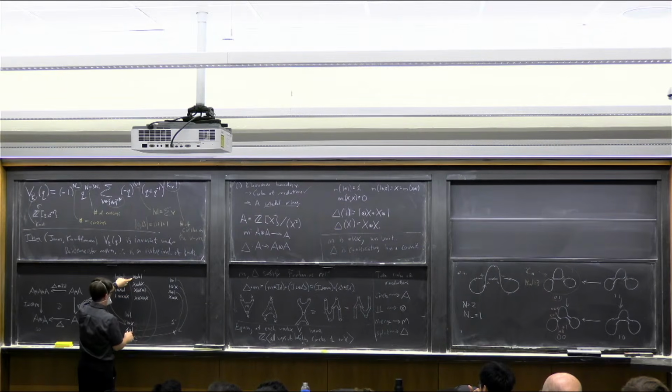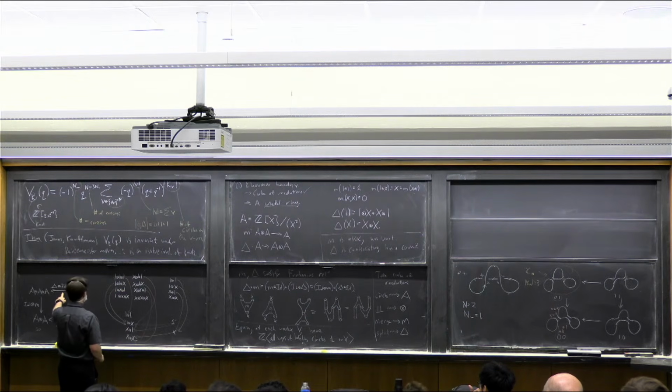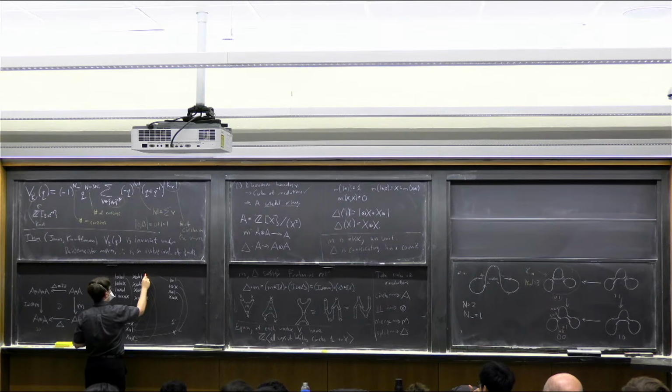And this goes to x tensor 1. And finally, here was happening the first circle. So this goes to x11 plus 1x1. And this goes to x1x and 1xx.